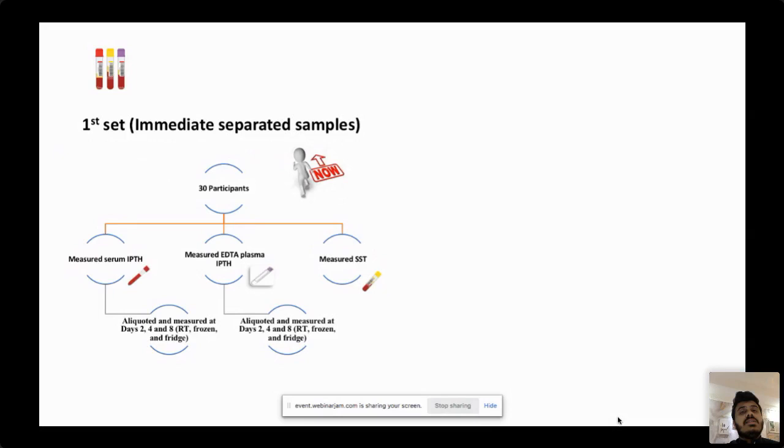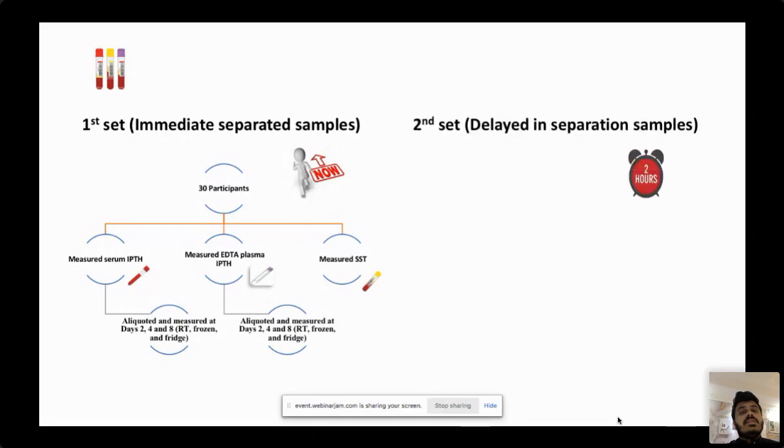And we centrifuged all types of tube immediately, and we measured intact parathyroid hormone immediately after centrifugation. Then we allocated the remaining volume, and we stored it in room temperature, freezer, and fridge. Then we measured the intact parathyroid hormone at day 2, day 4, and day 8.